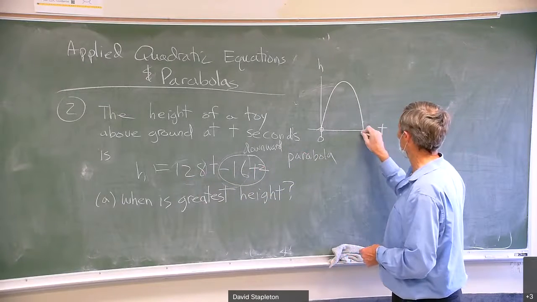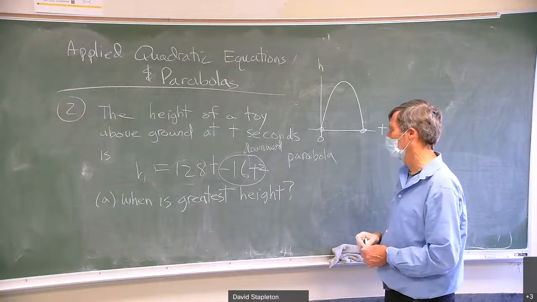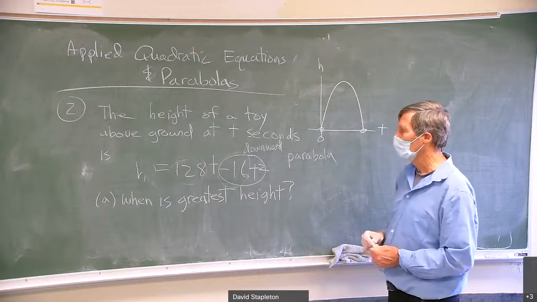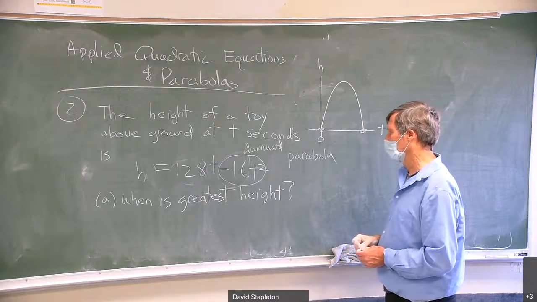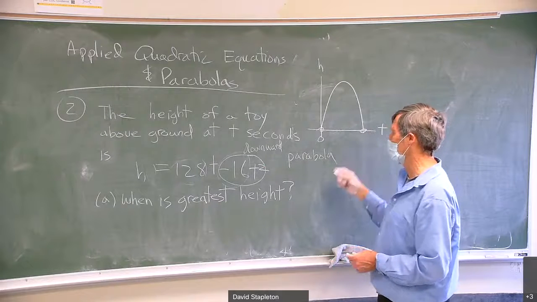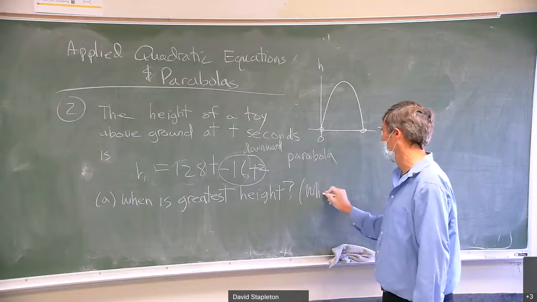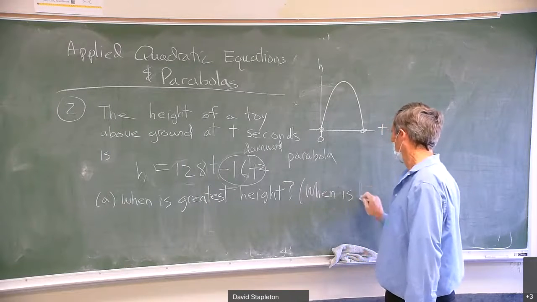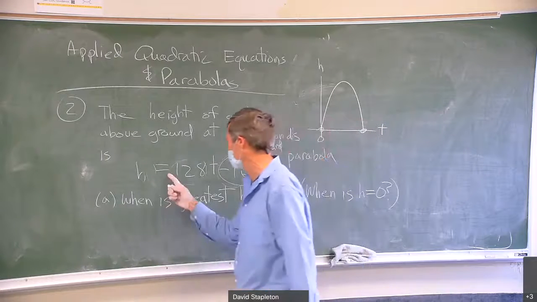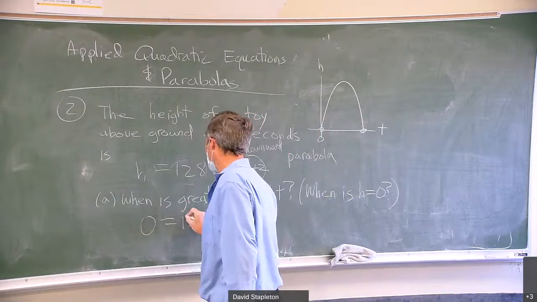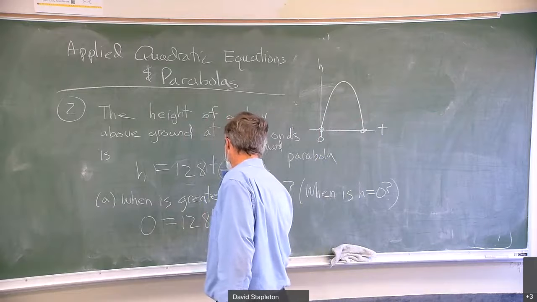But where does it reach ground level again? You can solve this. What you're asking is, when is h equals 0? H is the height above ground, so when is h equals 0 is the real question. You first translate it and say, oh, it's just 0 equals 128t minus 16t squared.